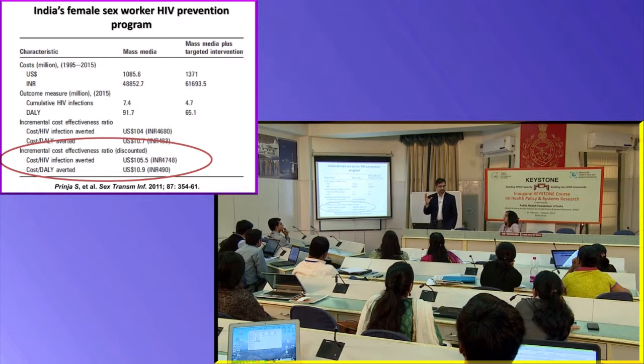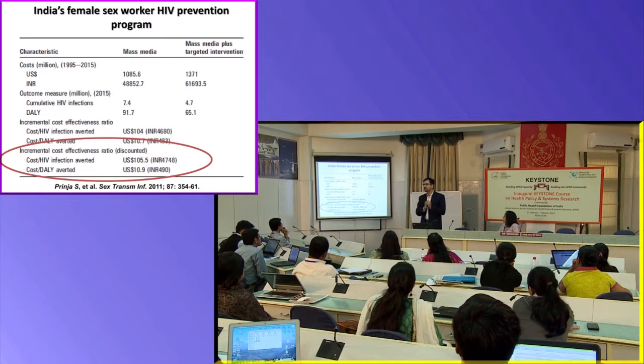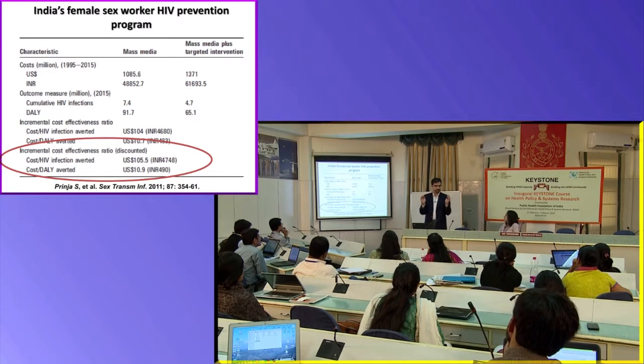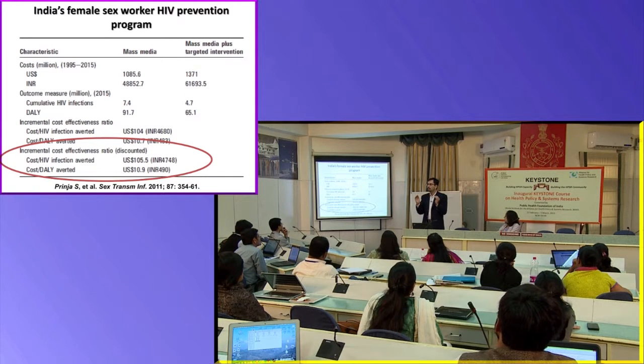The two comparator scenarios were in the evolution of the National AIDS Control Program for prevention of HIV. They used to have a mass media approach for prevention till about before the onset of the second phase of NACP, which was about 2003 or 4.